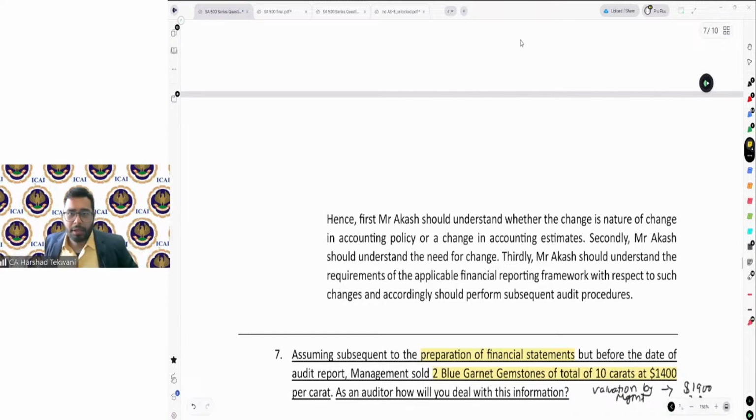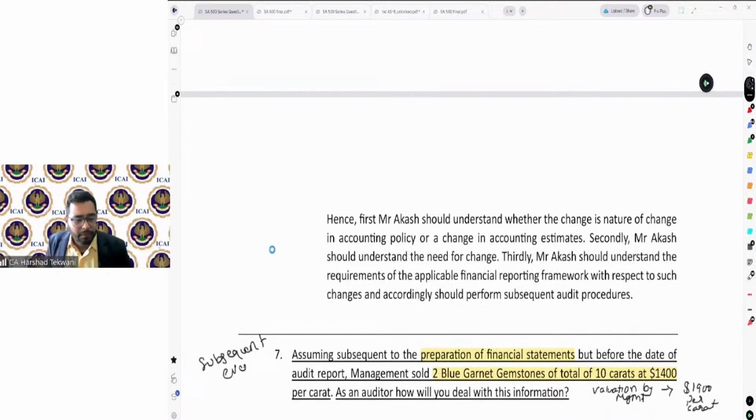Can I say the information that I have received is subsequent to the preparation of the financial statements? If that information is subsequent to the preparation of the financial statements, can I classify this information as subsequent events occurring after the balance sheet date?